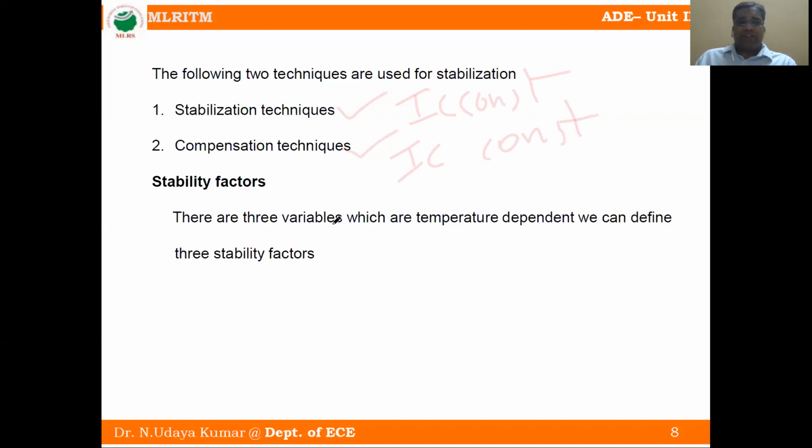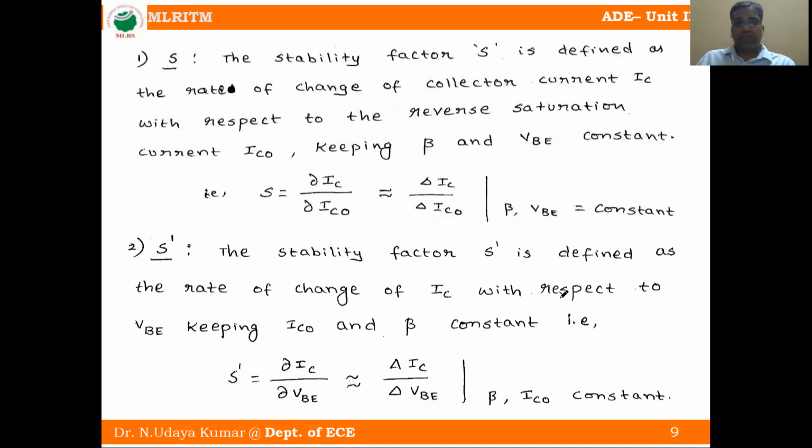There are three variables which are temperature dependent, so we can define three stability factors: S, S dash, S double dash. S for the first parameter, then the second parameter and third parameter. We will see one by one.